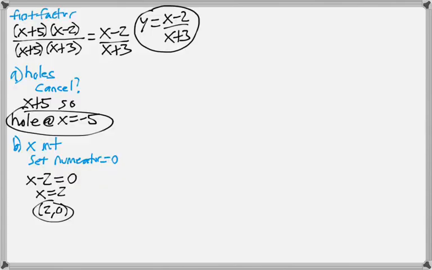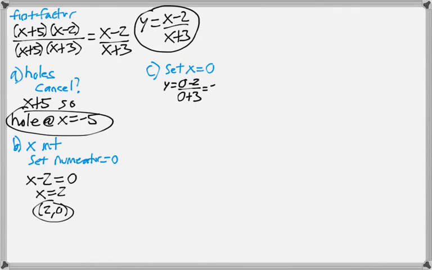For the y-intercept, I'm going to set x equal to 0. So y is equal to 0 minus 2 over 0 plus 3.